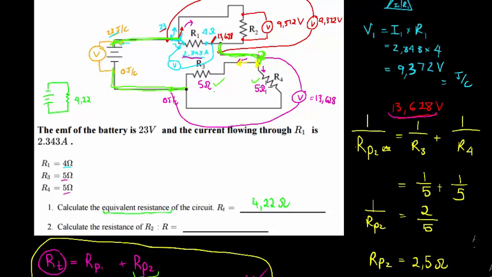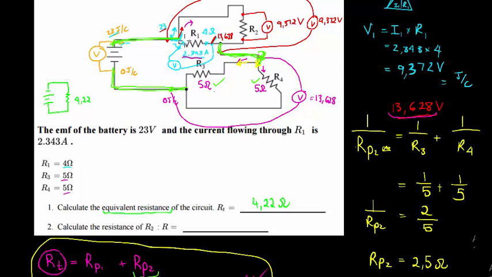Equivalent resistance is as if I'm taking all of it and replacing it with a single resistor, and that resistor will have 4.22 ohm. Now, what it also means is that if this whole unit together is 4.22, and this one is 2.5, then these two together must be what's left.